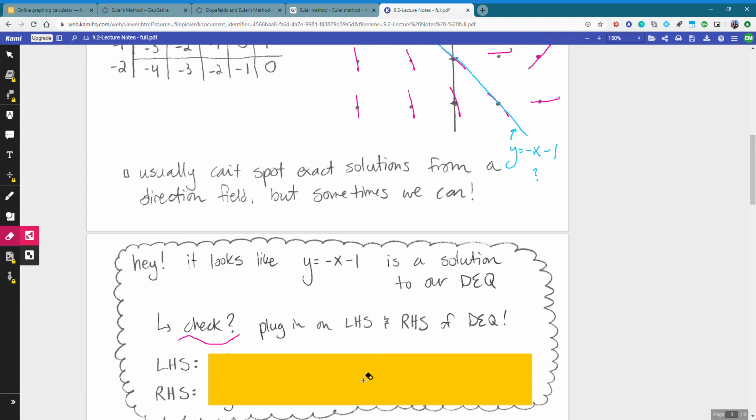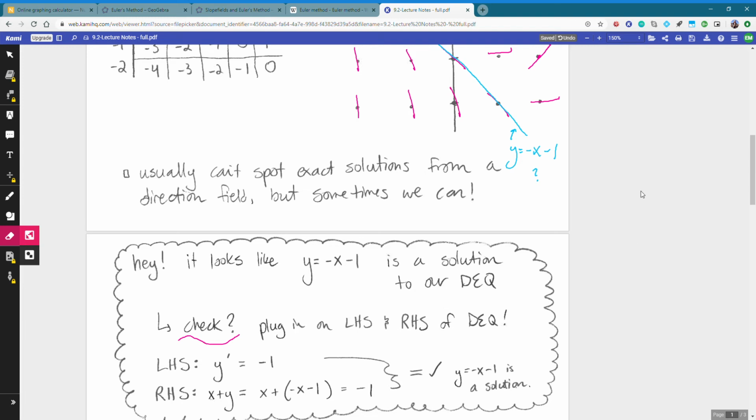All right, well, our differential equation, recall, let me write it here just for reference, is y prime equals x plus y. The left-hand side is y prime, so we need to take the derivative of the function we're thinking about, and we're just going to get the constant minus 1 here.